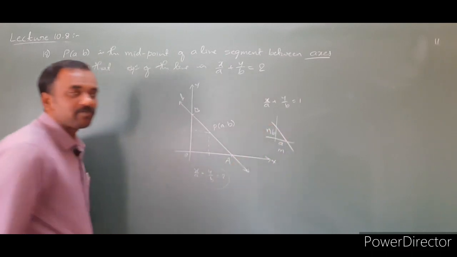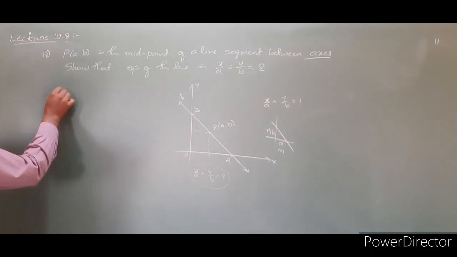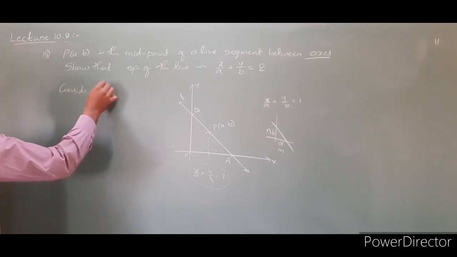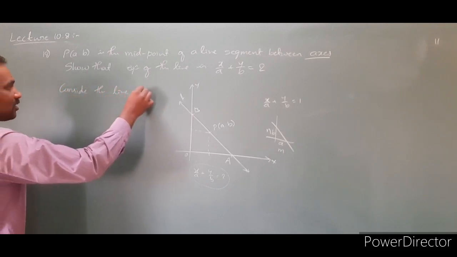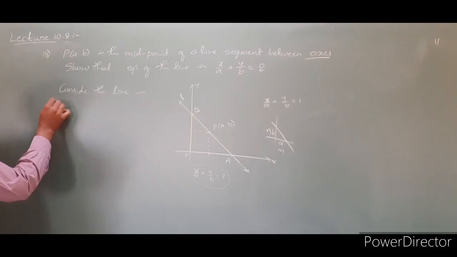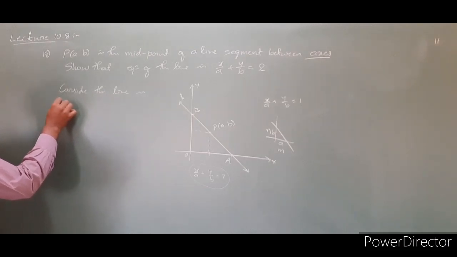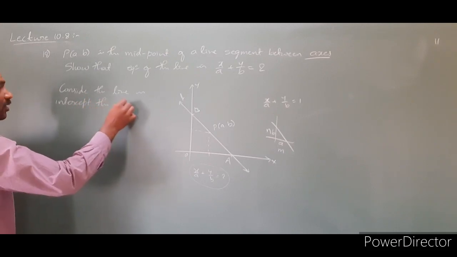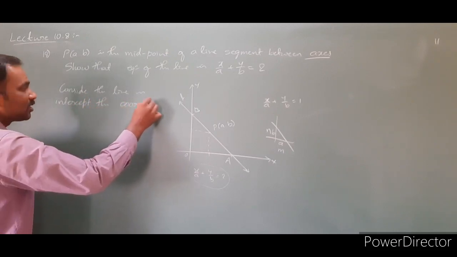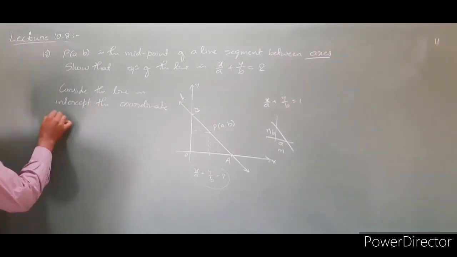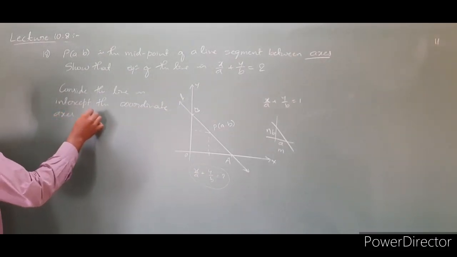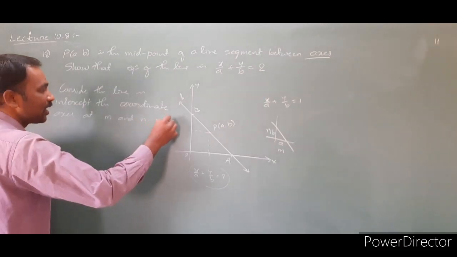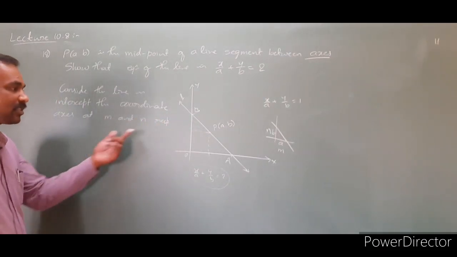So instead of a and b, I consider m and n. Let the line intercept the coordinate axes at m and n distance respectively.